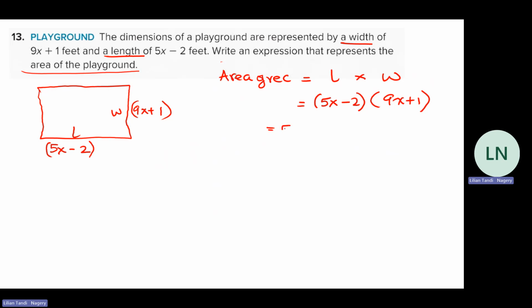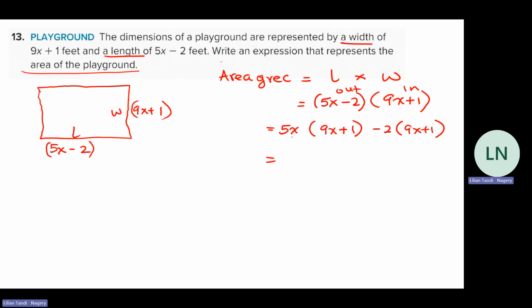So this becomes 5x. So this becomes out and this becomes in. 9x plus 1. Your other out is -2. Your in will remain the same.